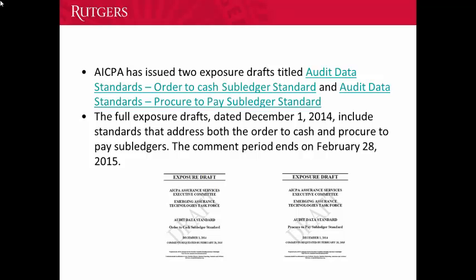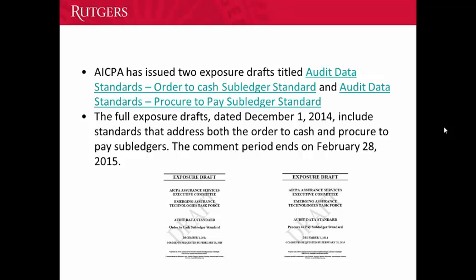The second publication addresses the Procure to Pay Audit Data Standard, and is intended to accommodate basic analysis of the Procure to Pay process, such as analysis of the levels of activity during a specified period, exceptionally old payables, and so on.